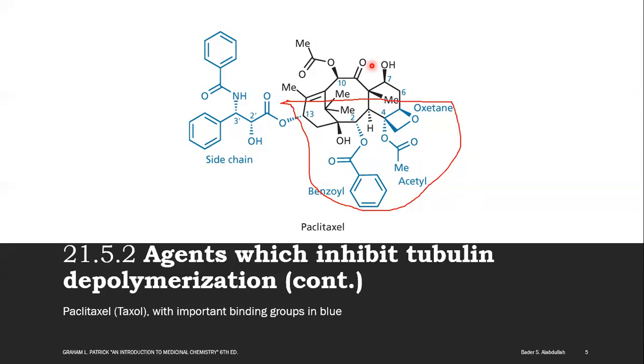Okay, they have found that if you add a hydrophobic group on the hydroxyl at carbon number 7, that will give you better activity. Also, if you put a suitable acyl group at carbon number 10, that will improve activity, and not only improve activity, but make the compound resistant to the P-glycoprotein, which is a pump that's found on the cell membrane.